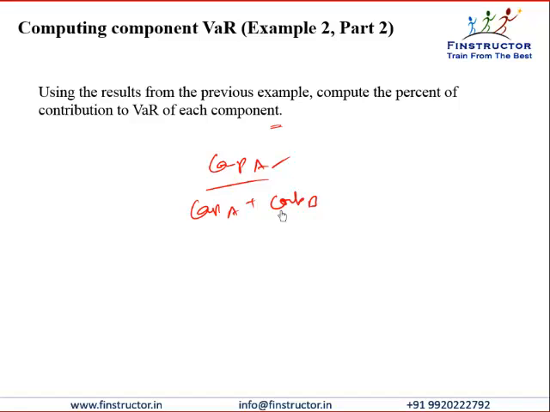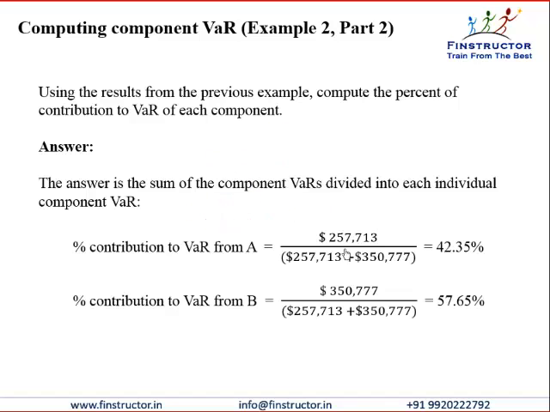So the individual component VARs we calculated, we just need to do the ratio now. For A it came out to be 0.257 million. So 0.257 upon 0.257 plus 0.35 will be the contribution from A. Similarly 0.35 upon 0.257 plus 0.35 will be the contribution from B.